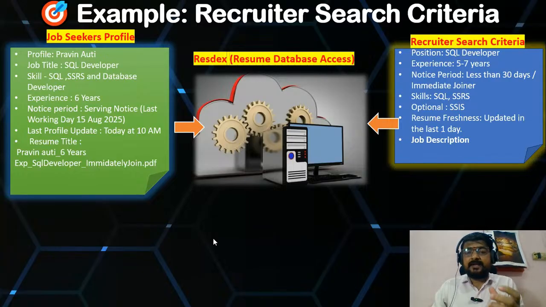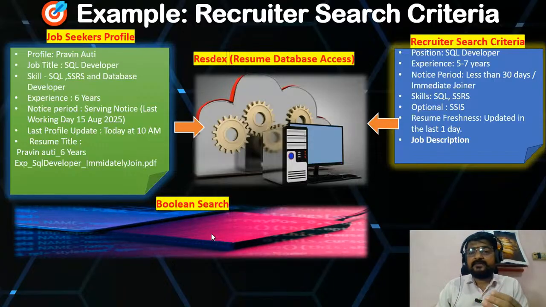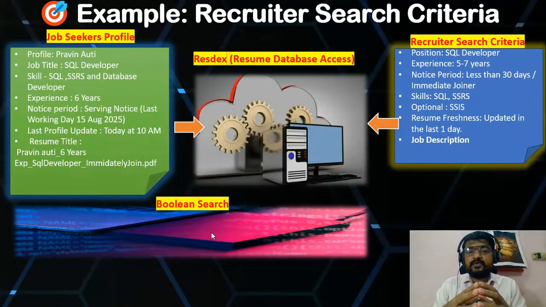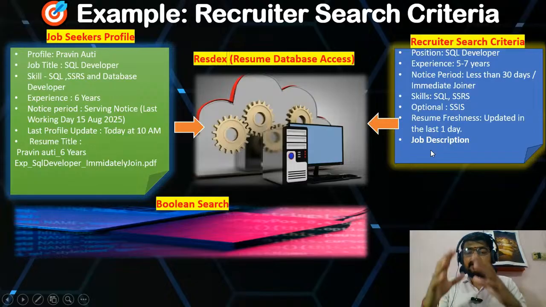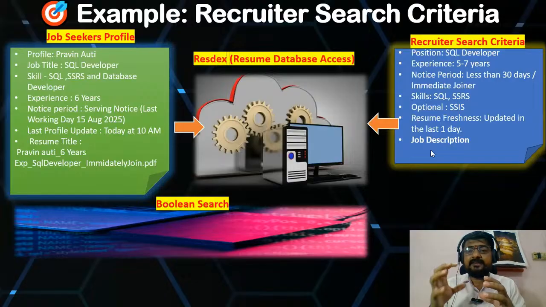Once they fire the search criteria through their portal, a boolean search algorithm works in the backend. For this search criteria there may be 1 lakh profiles, and out of those, the boolean search algorithm shortlists the exactly matching candidate profiles.